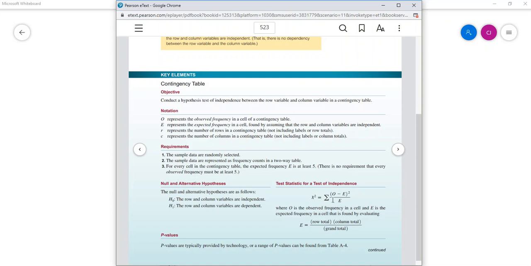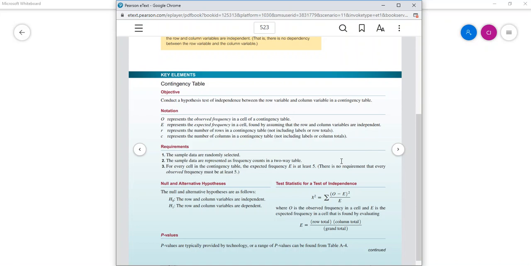But we worked it out by hand, and then we were looking at the results of those comparisons of the observed and the expected values for all of the different parts of the column variable.